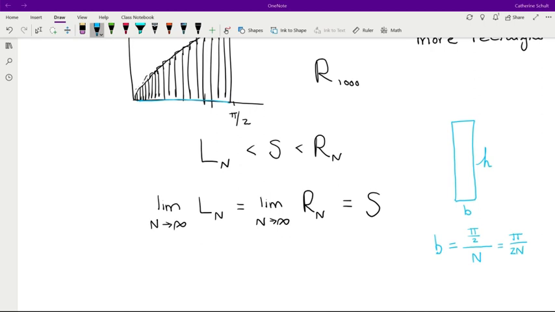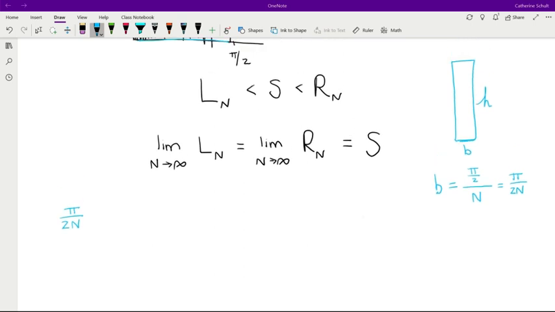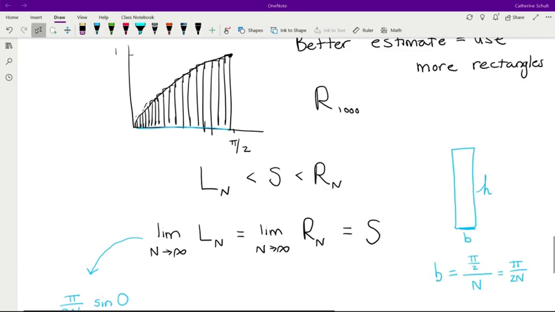Okay, so we're going to write an infinitely long sum, and we're going to start with our very first rectangle. So there's the base. And then if we use the left endpoint, we're going to start at 0, right? So that's your first rectangle. And now the second rectangle is going to start one base away, right?